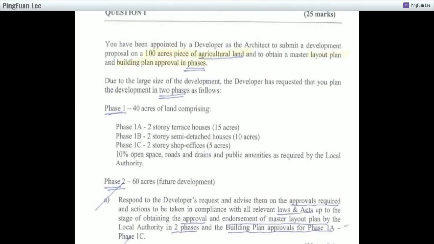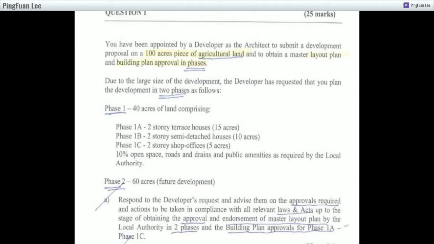Okay. Anyway, let's look into this other question from Chichun. Chichun, you're very smart, force us to do so many questions in one shot. Okay, you are already appointed by your developer as the architect. Submit development proposal, 100-acre piece of land. That's a bloody huge piece of land. Master plan layout, and then BP in phases.